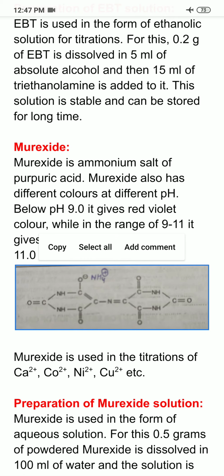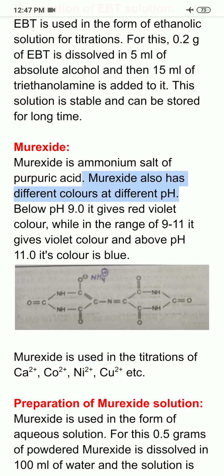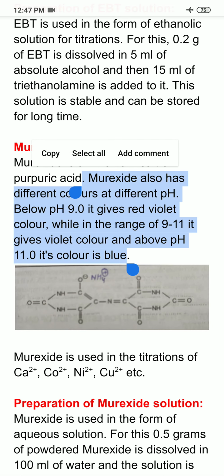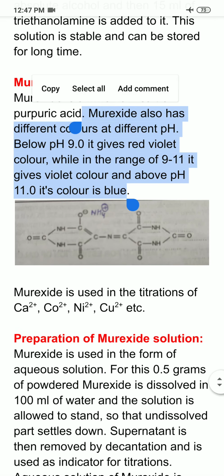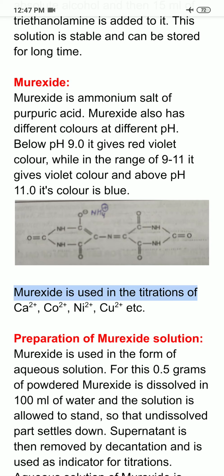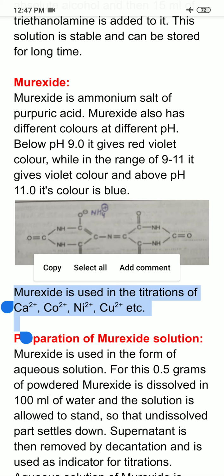So this is ammonium purpurate. Murexide also has different colors at different pH. Below pH 9 it gives a red violet color, while in the range of 9 to 11 it gives a violet color, and above that its color is blue. Murexide is commonly used in the titration of calcium ions, but can also be used for the titration of cobalt 2, nickel 2 and copper 2, etc.